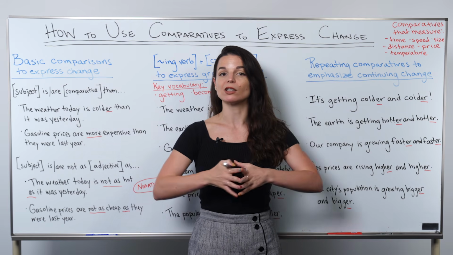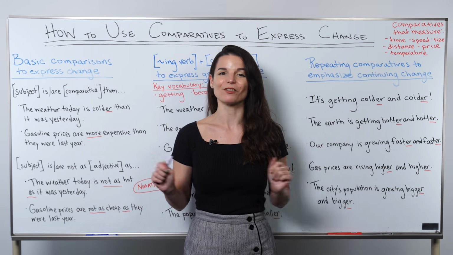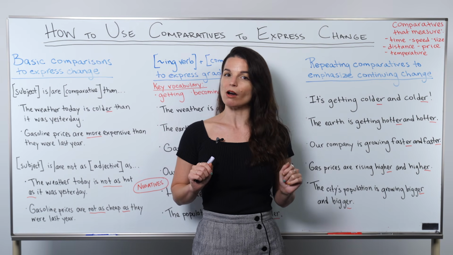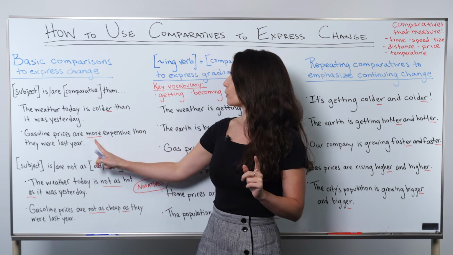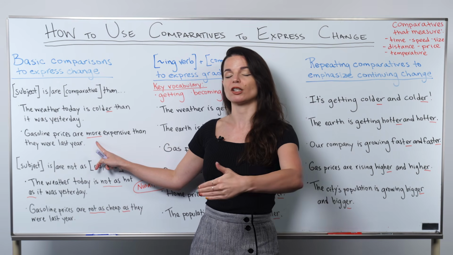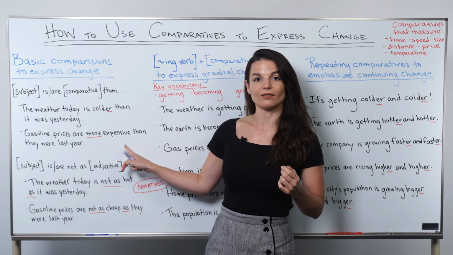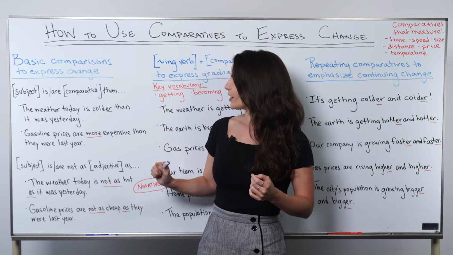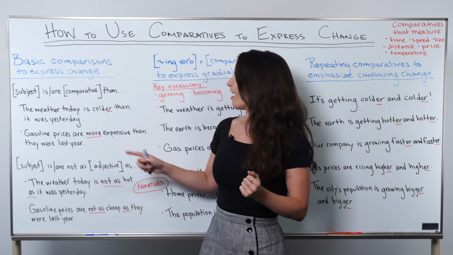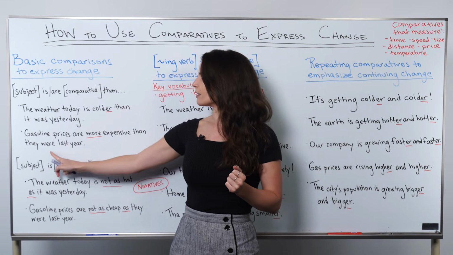Remember, when we have a long adjective like expensive or beautiful, we don't put er at the end of the adjective. We use more in front of the adjective to form the comparative form. So that's why we see more expensive in this situation. So gas prices or gasoline prices are more expensive than they were last year.